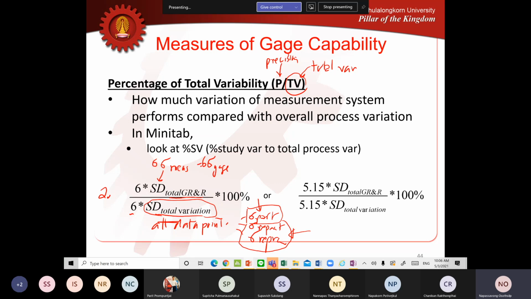But if this portion is small compared to the variation of what we want to measure, that is sigma total, then that would be great.